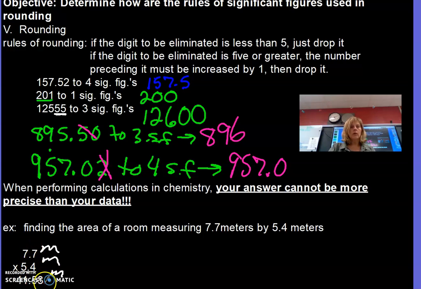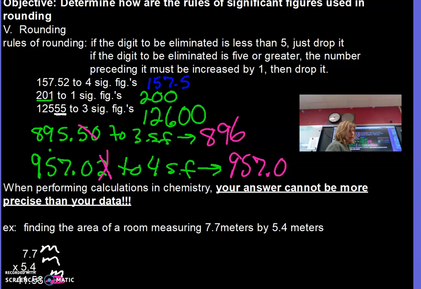And here we have a problem, because this is carried to 2 decimal places, it's 4 significant figures. This needs to be adjusted to reflect the data that you're working with. I'm going to talk about this rule in a minute, but my answer can only be 2 significant figures.